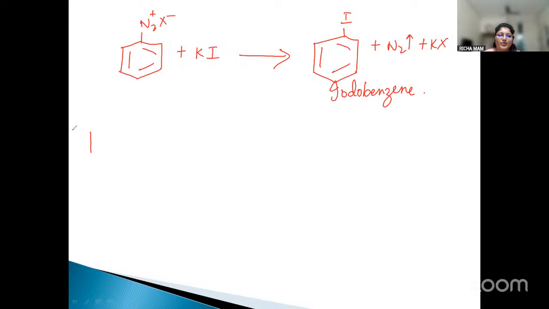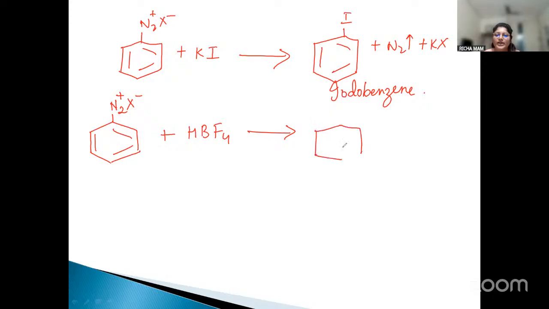Now, if I want fluorobenzene, how am I going to get it? Take the diazonium salt N2+ X- and react it with fluoroboric acid, HBF4.